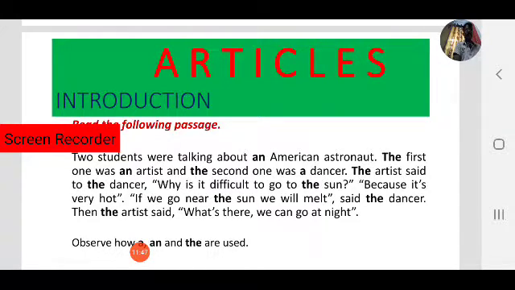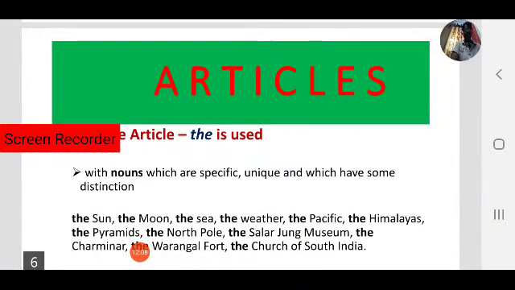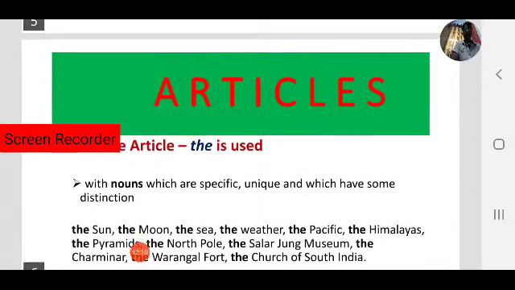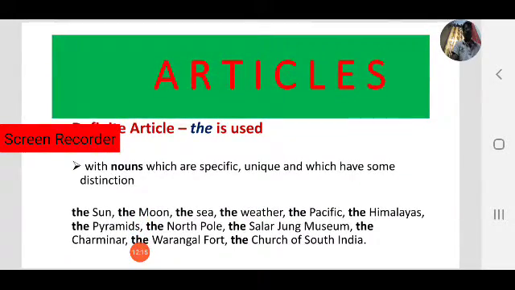So in today's class we will focus on the definite article the: where we have to use the definite article and where we should not use it, with some examples. First, as the first rule, note down the first rule. The definite article the is used with nouns which are specific, unique, and which have some distinction.